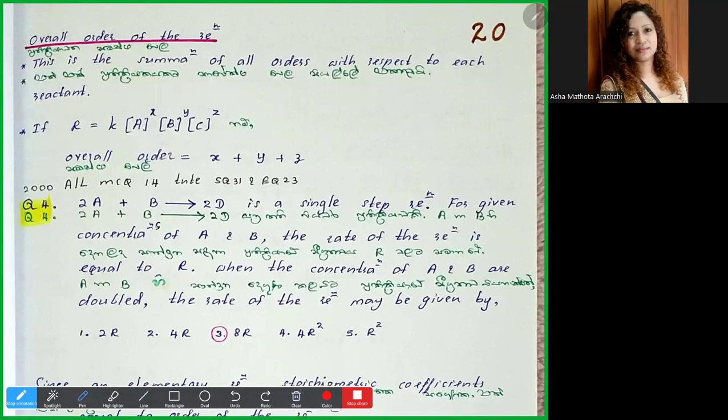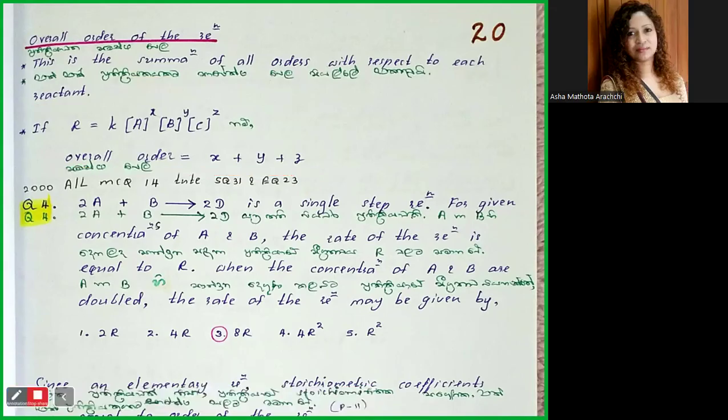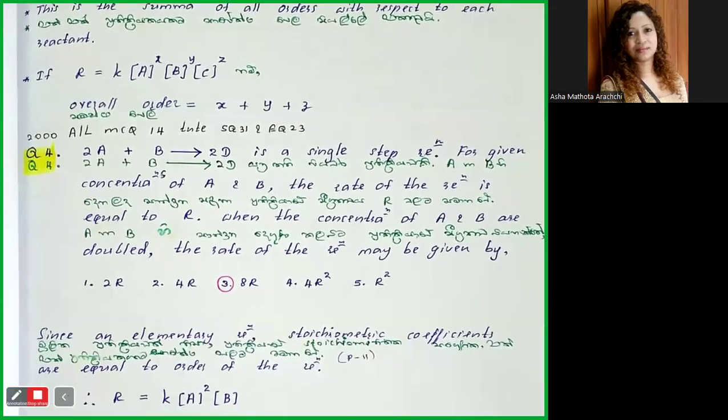If R equals K, A to the power X, B to the power Y, C to the power Z, then overall order equals X plus Y plus Z. Manjula? Okay, let's do this question.